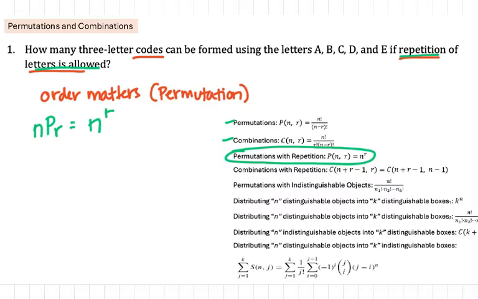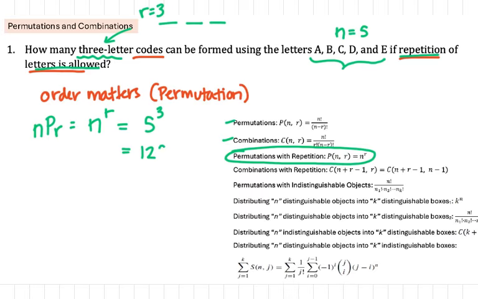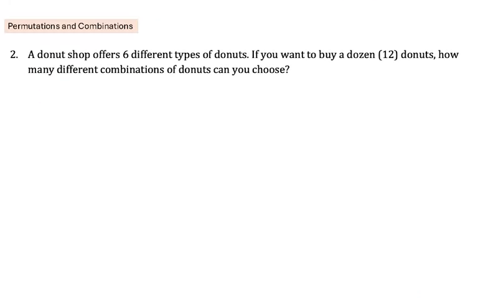So remember, n is always the number of things you could choose. So in this case our n is, we have 5 different choices, but we're going to have to put them into 3 spaces. It's a 3-letter code like that. So that's going to be our r. And so it's going to be 5 to the power 3, which is 125 different ways to choose it.